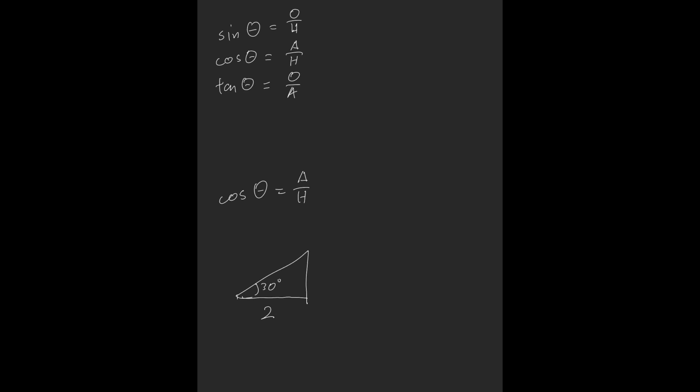So we've got 2 variables, missing 1. Then it's just a simple method of multiplying both sides by h. So we get h cos theta equals a. But we know cos theta, we don't know h, but we do know a. How do we isolate h? We can divide both sides by cos theta. So we have h equals a over cos theta.